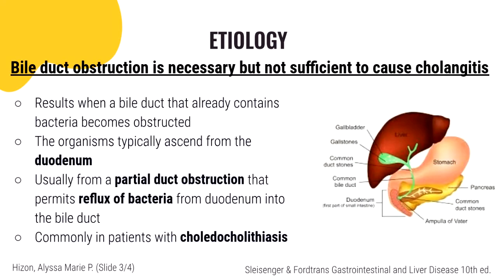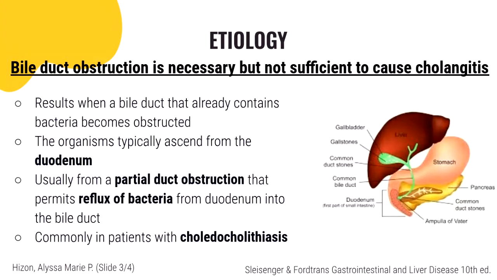So it is important to note that obstruction is necessary but not sufficient to cause acute cholangitis. Again, as mentioned earlier, there must also be infection. So it is most likely that acute cholangitis occurs when a bile duct that already contains bacteria becomes obstructed. So although the exact mechanism is not clear, it is believed that the organism typically ascend from the duodenum.